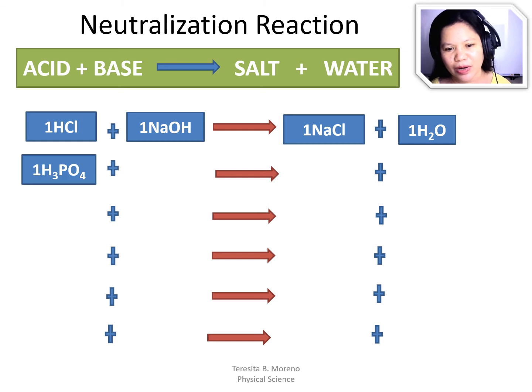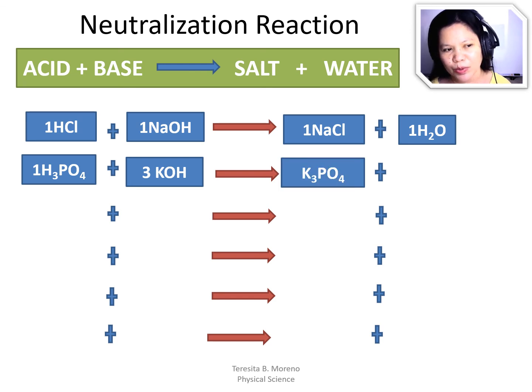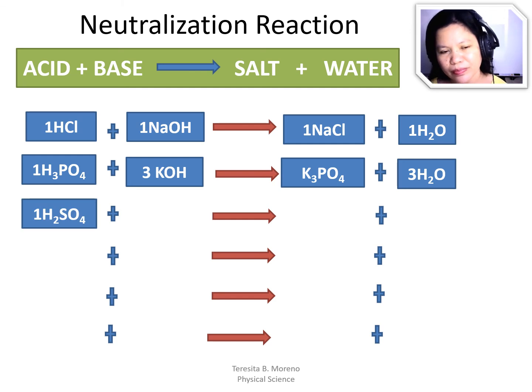Next example, phosphoric acid plus potassium hydroxide will yield potassium phosphate and 3 molecules of water. Potassium phosphate is another type of salt.